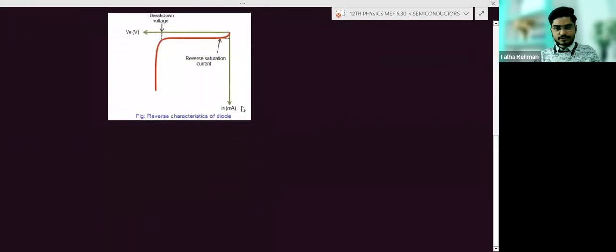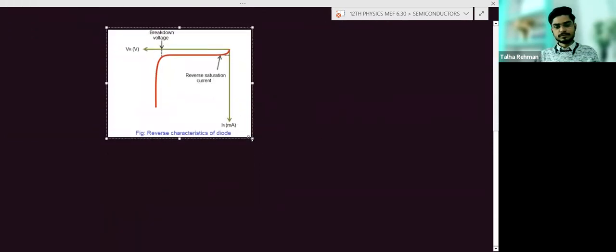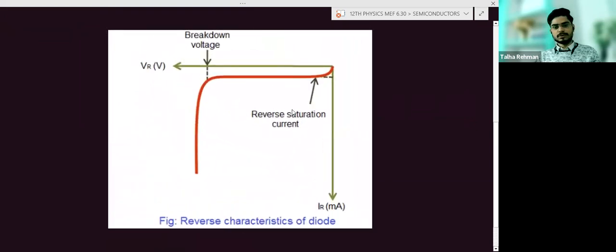So this graph will be in the third quadrant.